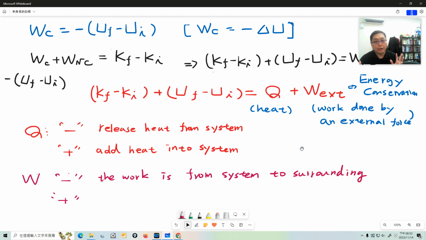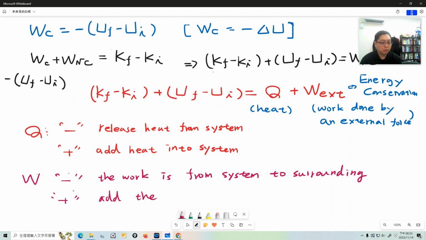In that situation, we have a minus sign, because the work is done from system to surrounding. And in the reverse process, we add the work into the system.